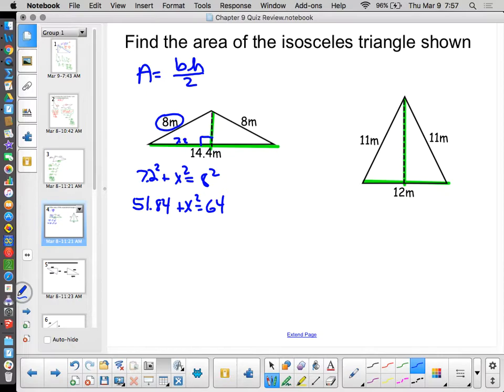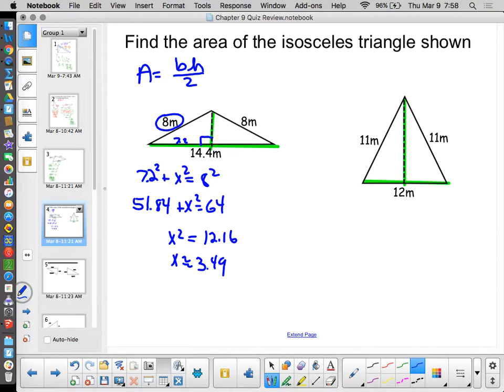So 64 minus that is 12.16, which is x squared, and then we take the square root of that answer. For 2 decimals, it's about 3.49. Go ahead and use a couple decimal places of accuracy. The number's pretty small.